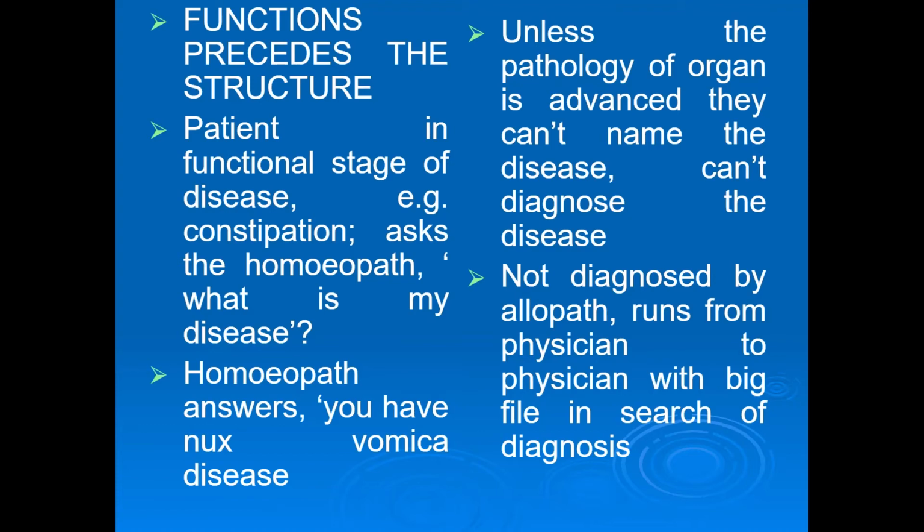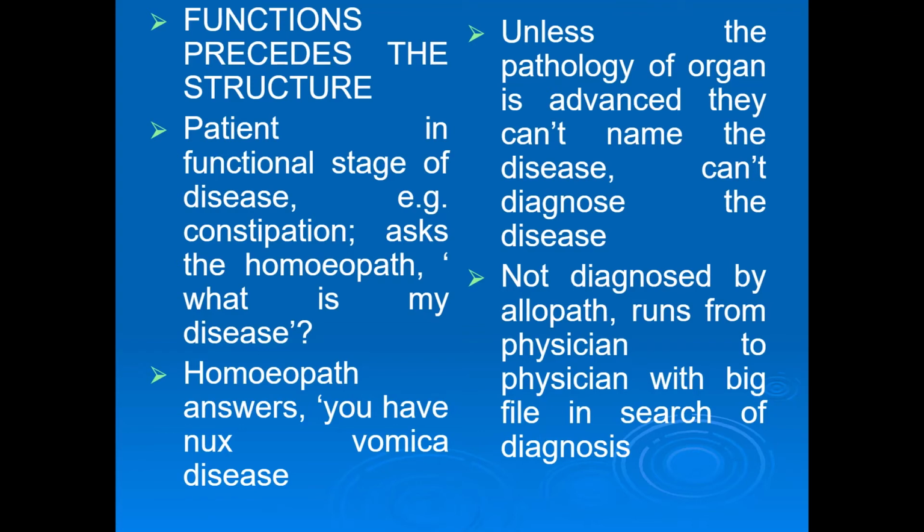Say, for example, a patient asks a homeopath, what is my disease? Such a patient is having constipation, sleeping late at night, partying, and he comes with loss of sleep, constipation, indigestion. So he will go from one specialist to another, and he is not diagnosed by the allopath.